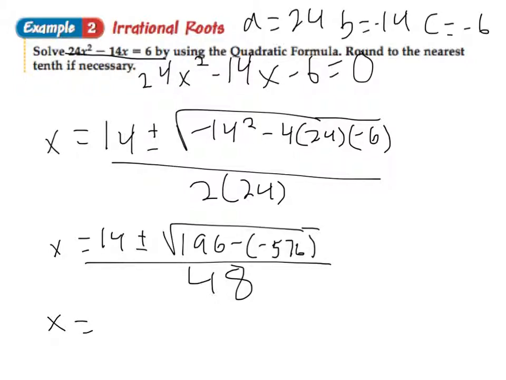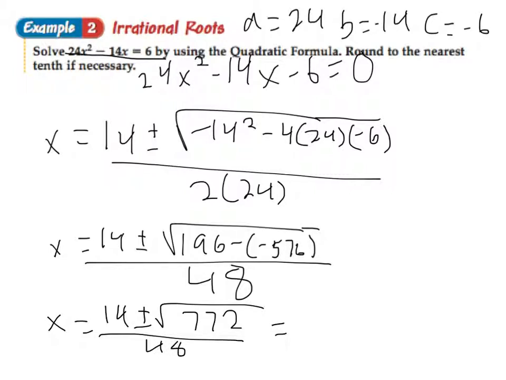So we should have x is equal to 14 plus or minus the square root of 772 divided by 48. If we do that, 14 plus the square root of 772 divided by 48 is about 0.87, and our second answer is going to be 14 minus the square root of 772 divided by 48, which is about negative 0.29 or negative 0.3.